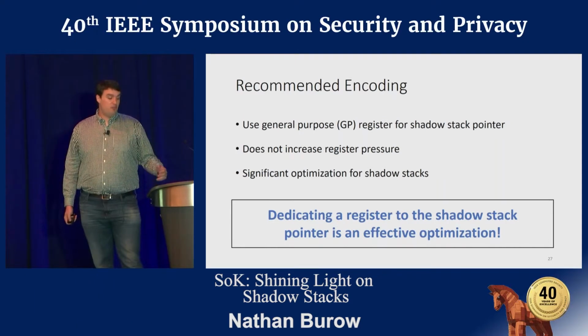So as I mentioned, we're recommending using a general purpose register for the shadow stack pointer. There's been lots of discussion about, does this lead to increased register pressure? Is this going to be terrible for performance?